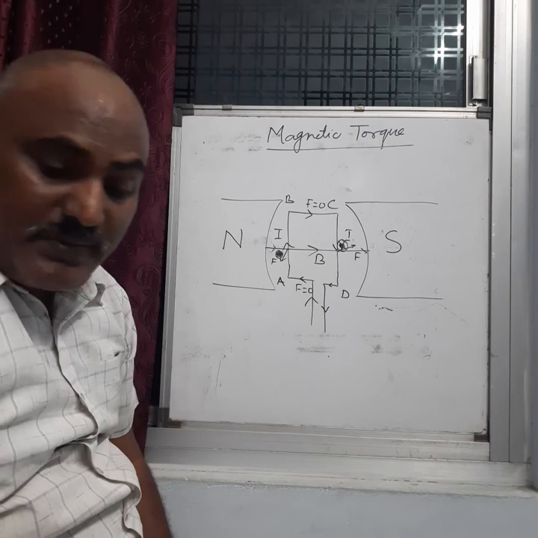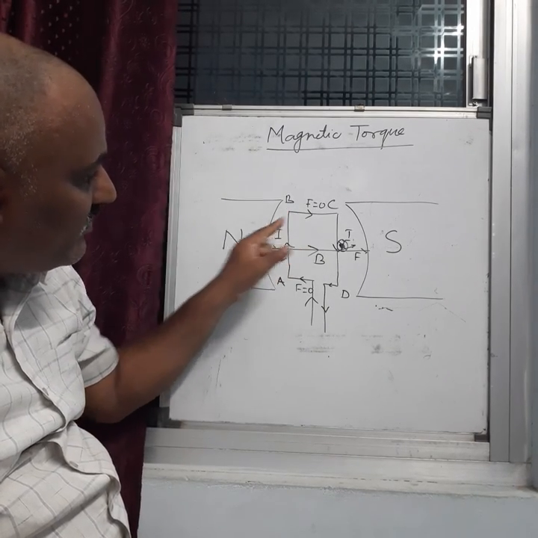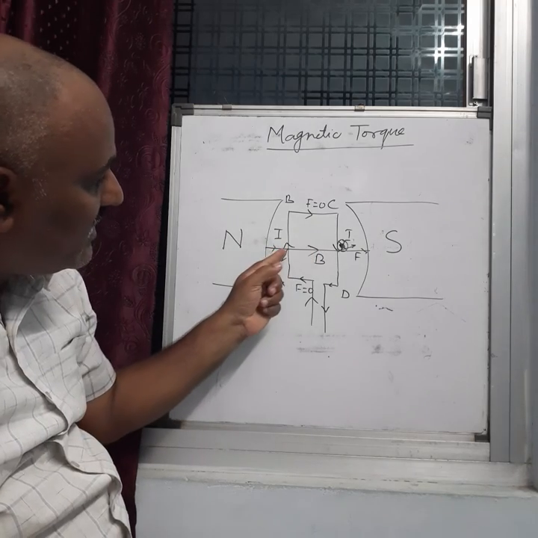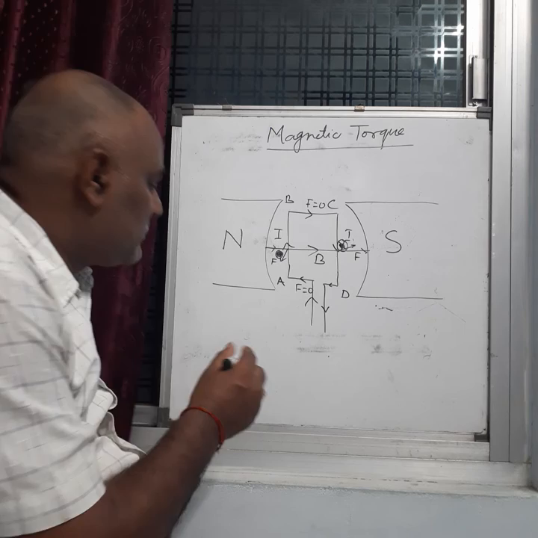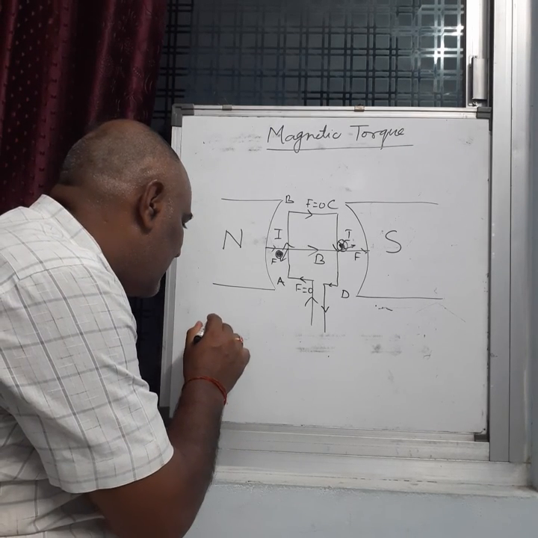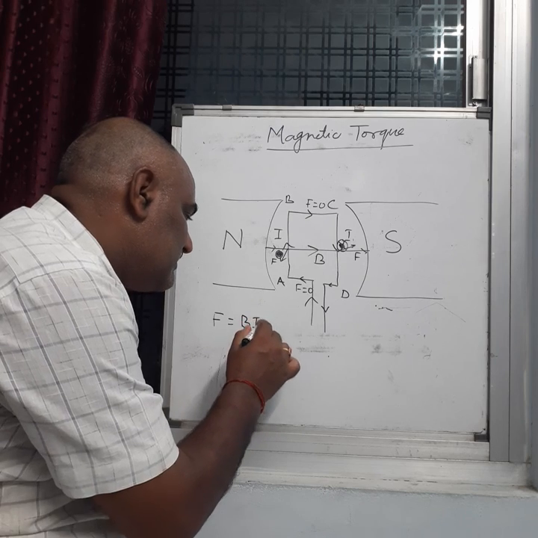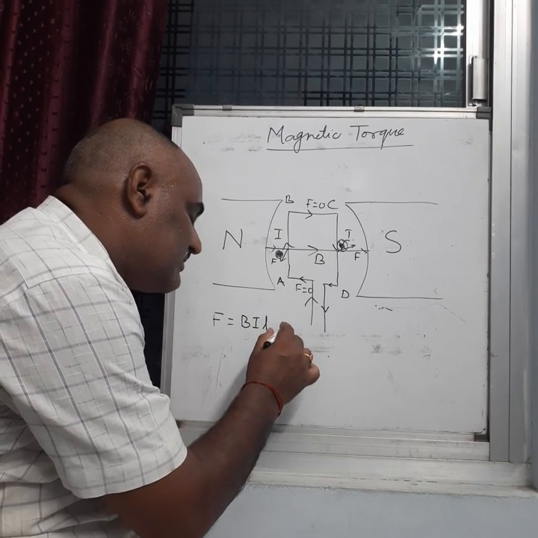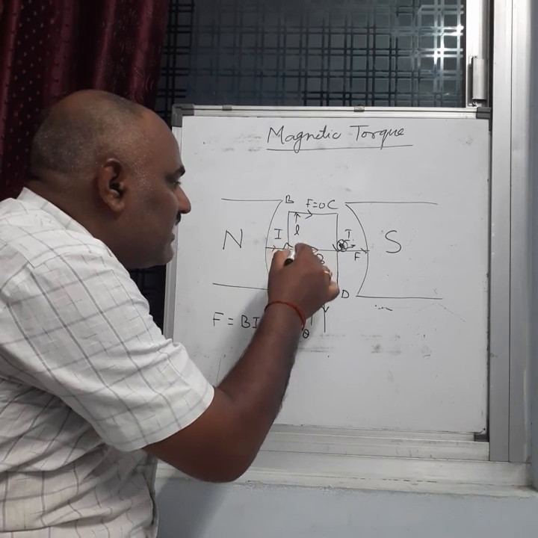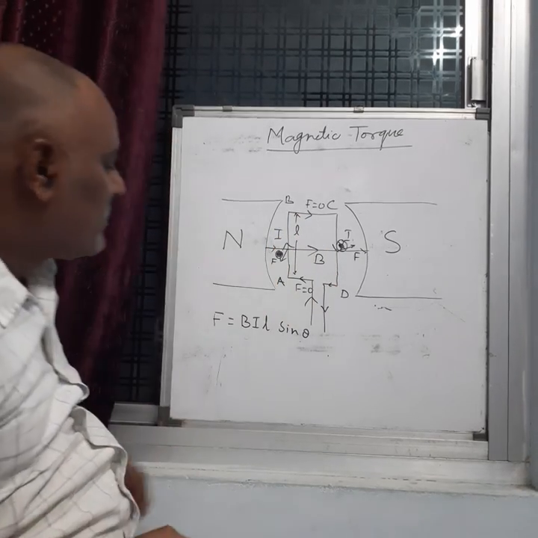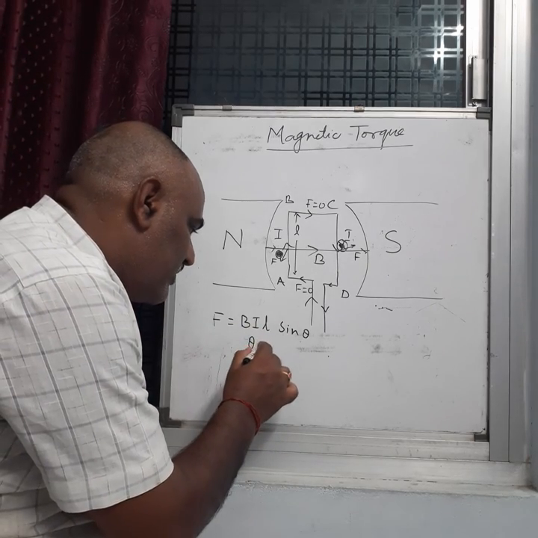Then now what happens here? See here, current is flowing upward, magnetic field is this one, a magnetic force will act. Why will the magnetic force act here? F equal to BIL sin theta. See here, L is the length of this wire, I is the current. So what is the value of theta here? Tell me. Theta is 90.